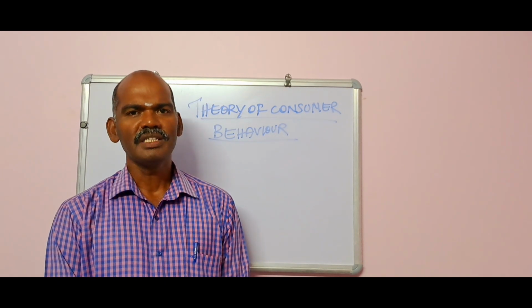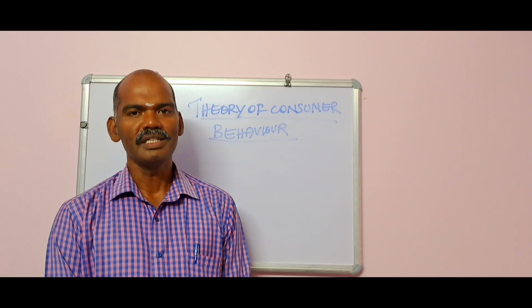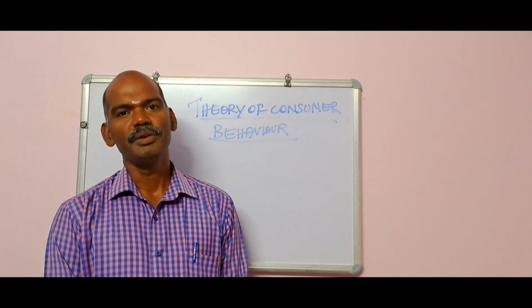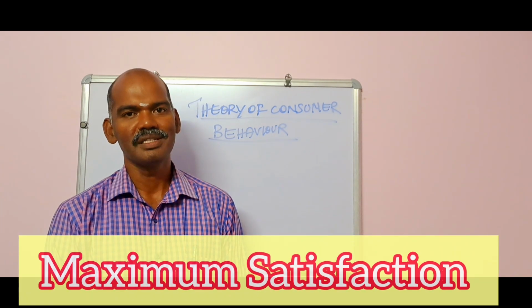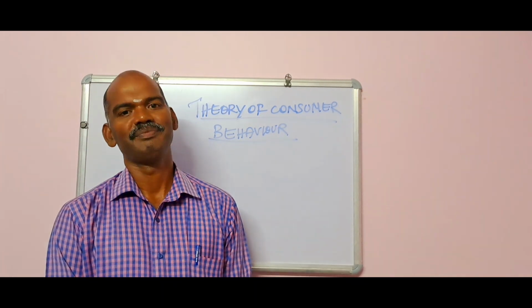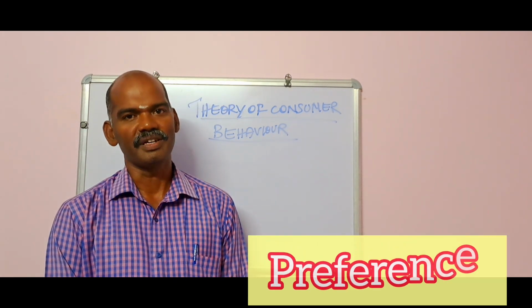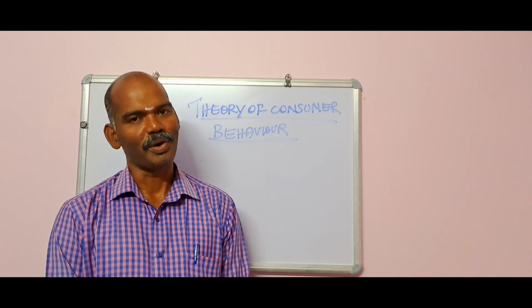When it comes to selecting a particular good or service, what are all the considerations a consumer will have? He or she would like to have maximum satisfaction out of the consumption of the item. What is the other thing? Their priority, that is, preference, likes. There is a strong desire for a particular product.